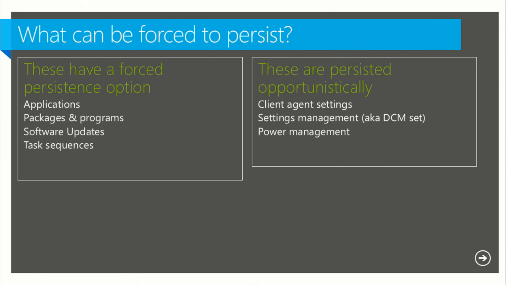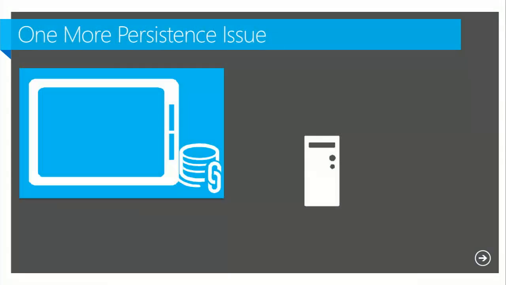You would deploy the settings management policy first and then time the package and program right away. Since the packages and programs have the persistence flag set, both of them would get persisted at the maintenance window. So you can work around the opportunistic persistence.